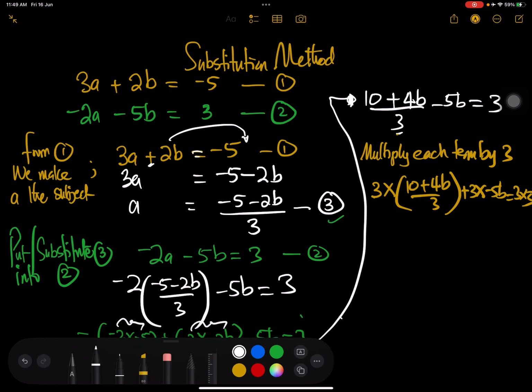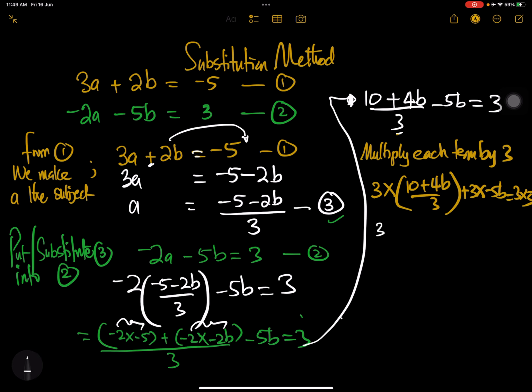So we're having 3 times the 10 plus the 3 times the 4b, and then we divide by 3. And then we add it to the multiplication of these two, which is minus 15b. 3 times negative 5 is minus 15, and we attach the b to it. Don't forget from algebraic expressions how we multiply and add different variables together.